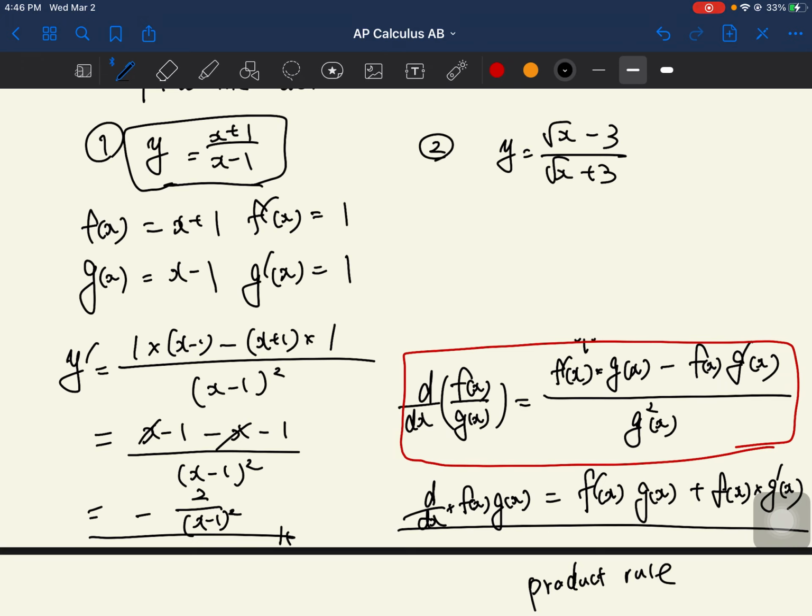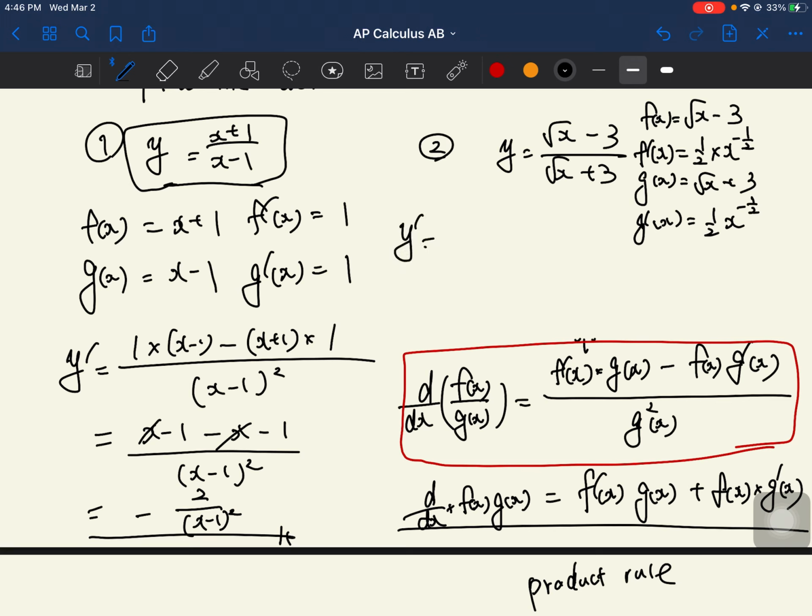Let me erase here. I'm not sure if I have enough room for this, but let me try. f of x is the square root of x minus 3, and f prime of x is 1 over 2 times x to the power of negative 1 over 2, and g of x is the square root of x plus 3. g prime of x is the same as f prime of x, 1 over 2 x to the power of negative 1 over 2.